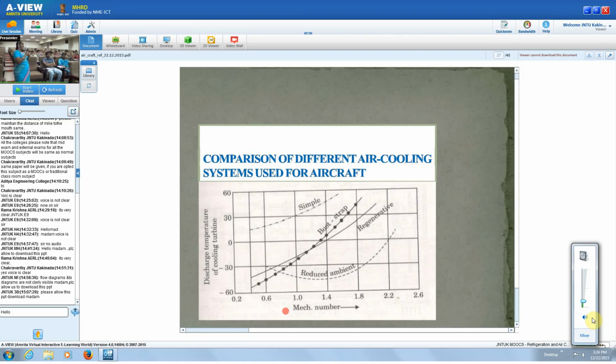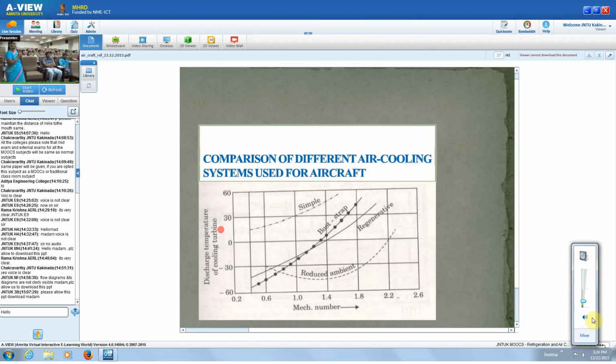If it is low, then it can take more heat from the chamber to be cooled, or otherwise a lesser amount of air can be used for cooling. The lower the temperature, the lower the mass flow rate required, and the more heat is taken away from the cabin to be refrigerated.